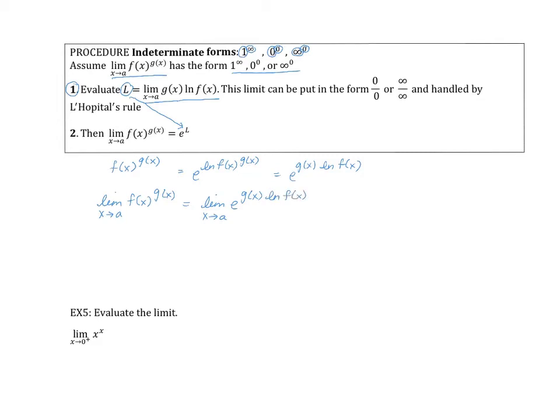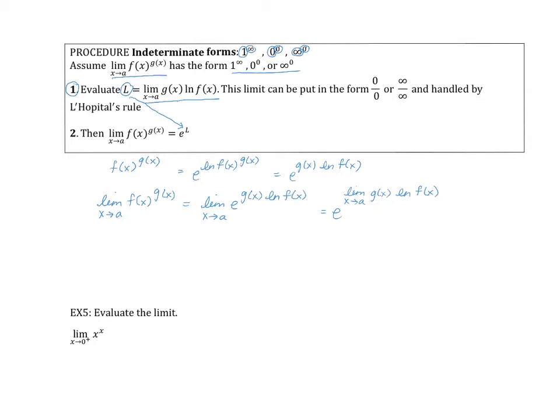And then, because the exponential function is continuous, we are allowed to take the limit up into the exponent. So this is e to the limit as x goes to a of g of x times the natural log of f of x.